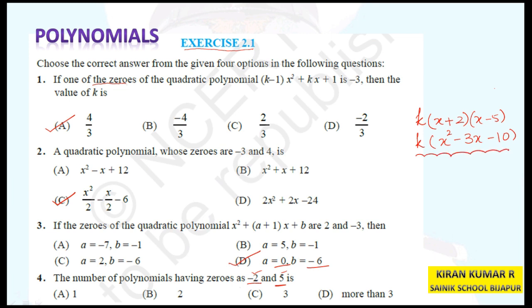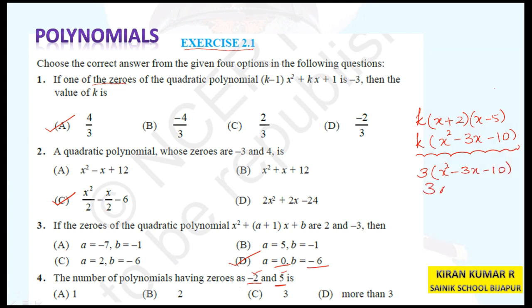This is a general form of a polynomial for which the zeros are minus 2 and plus 5. If you consider the value of k as 3, it becomes 3 times x square minus 3x minus 10.